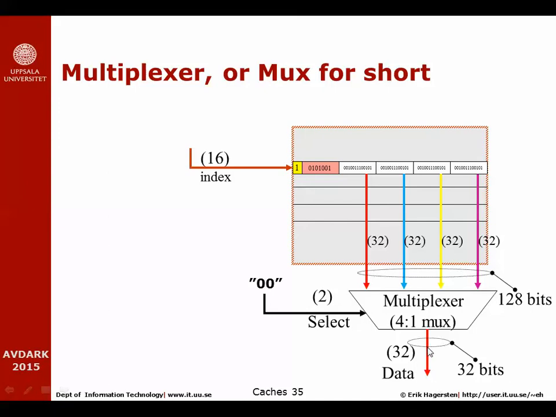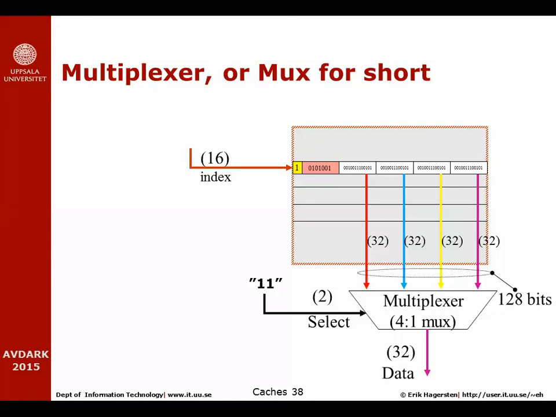If you have 0, 0 as an input, we may output the red piece of data, those 4 bytes that form the leftmost word. If it's 0, 1, we output the blue data. If it's 1, 0, we output the yellow data. And then 1, 1, we output the purple data.